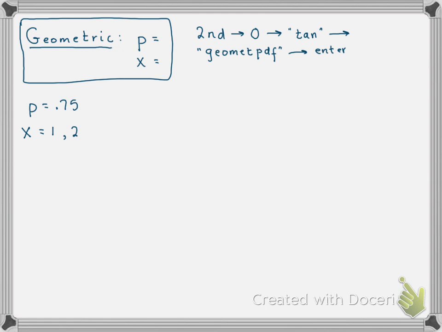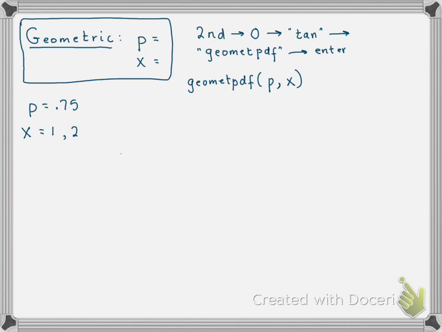Now, what you need to enter in is just your p-value and then whichever x value you're using. So we'll open up that geometric probability distribution formatting.